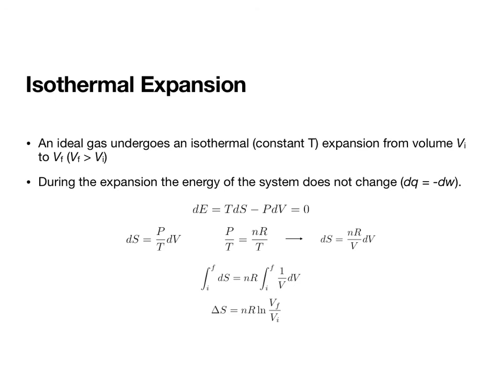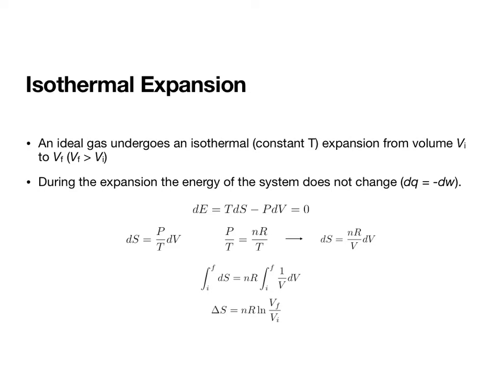Okay, so in an isothermal expansion, we're going to think about how an ideal gas undergoes an isothermal, so constant temperature, expansion from an initial volume to a final volume. And in this, the final volume is greater than the initial volume.